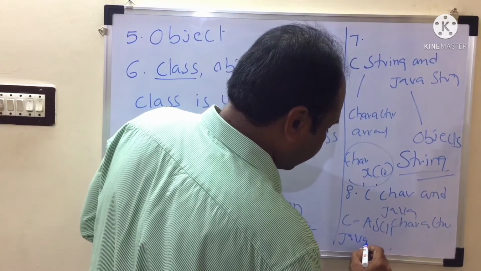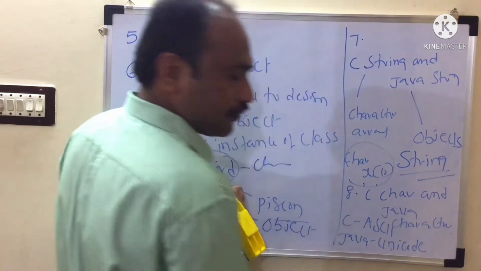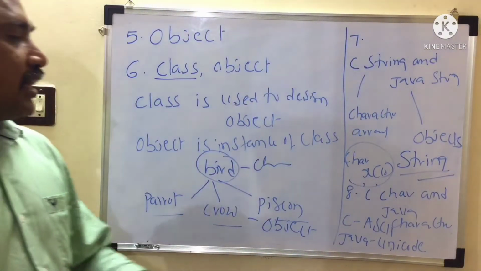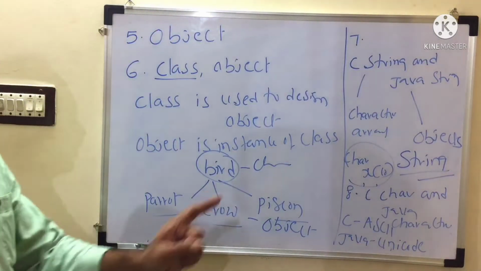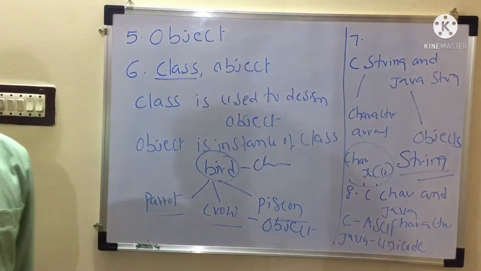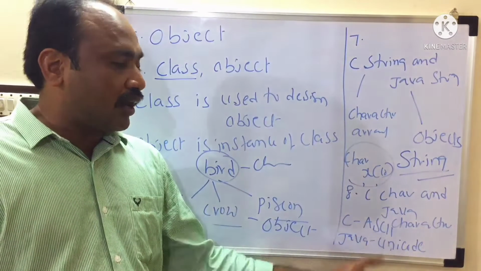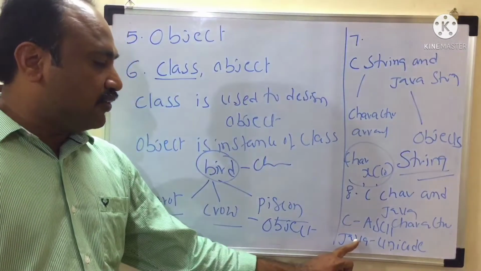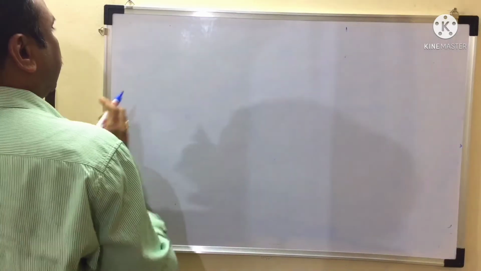Java characters are designed as Unicode characters. ASCII means American Standard Code for Information Interchange. C characters require 1 byte, Java characters require 2 bytes of memory. Ninth question.